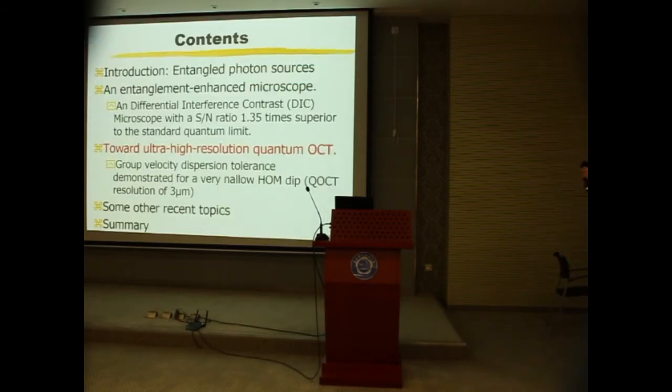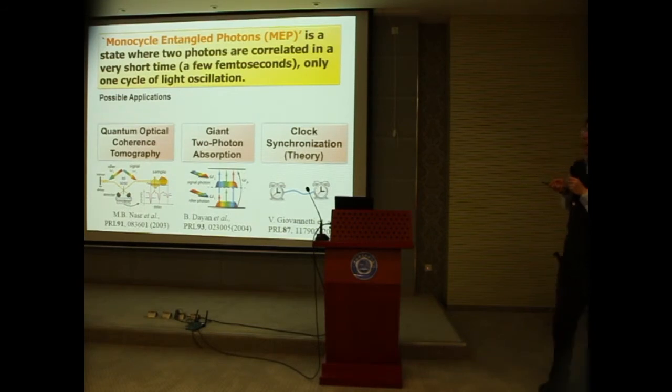Then I'd like to move to the second topic, our effort to realize ultra-high resolution quantum optical coherence tomography. This is about entangled photons, but now entangled in the frequency region.